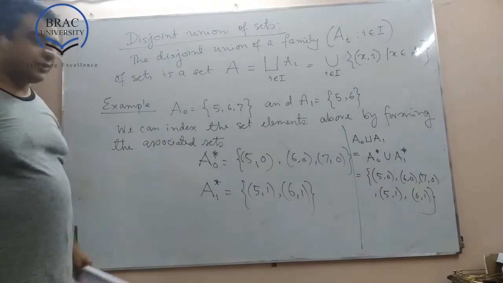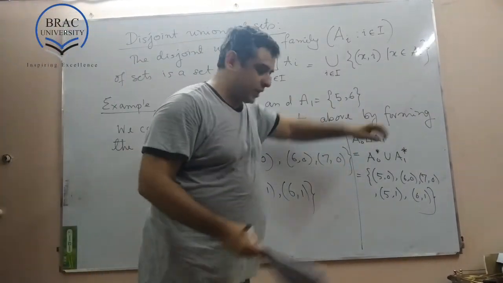It's a 5-element set, this disjoint union.